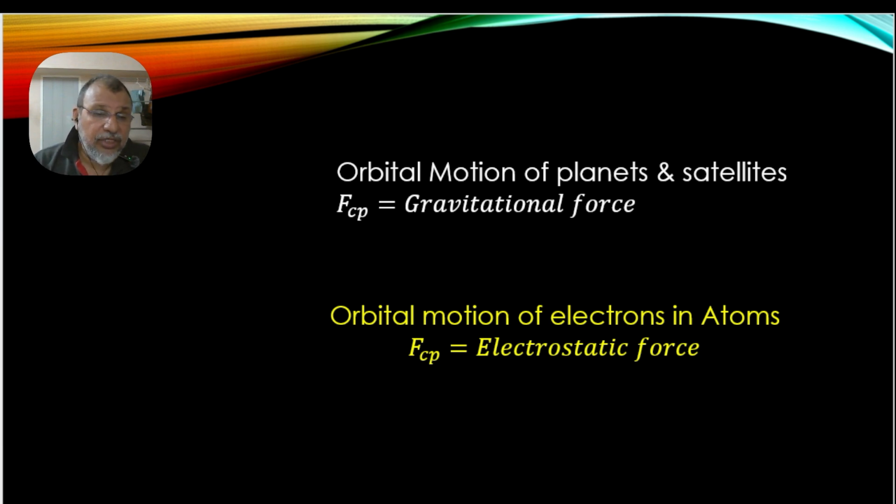Similarly, if you consider the motion of electrons in atoms, as described by classical physics, electrons are revolving around the nucleus. In this case, the centripetal force is provided by the electrostatic force of attraction between the nucleus and the electrons. So, centripetal force is equal to the electrostatic force.